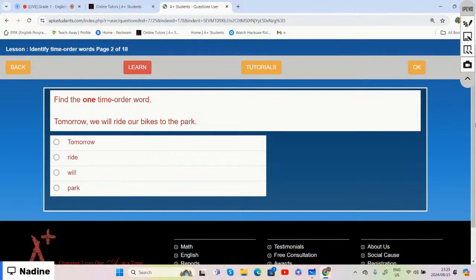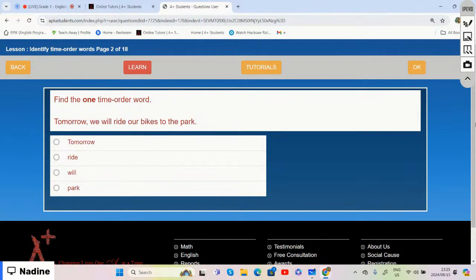We will ride our bikes to the park. Is it tomorrow, ride, will, or park?